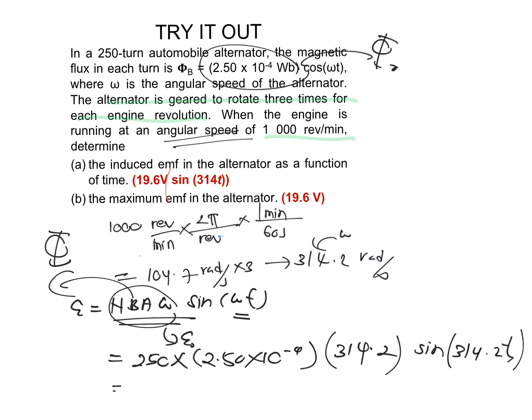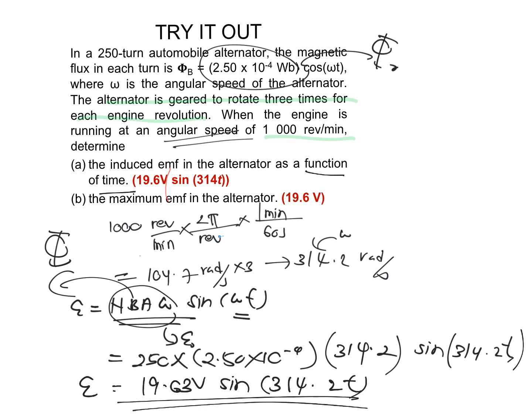Because it's a function of time, you need to make sure that you give your answer with sine omega t. So the induced EMF is going to be 19.63 volts sine 314.2 t. For the maximum EMF here, it is going to be 19.63.